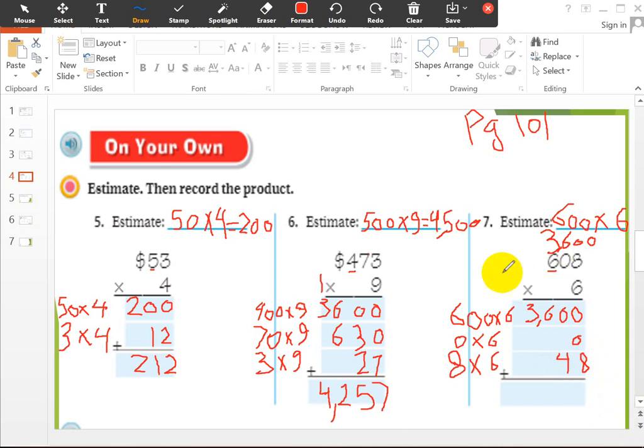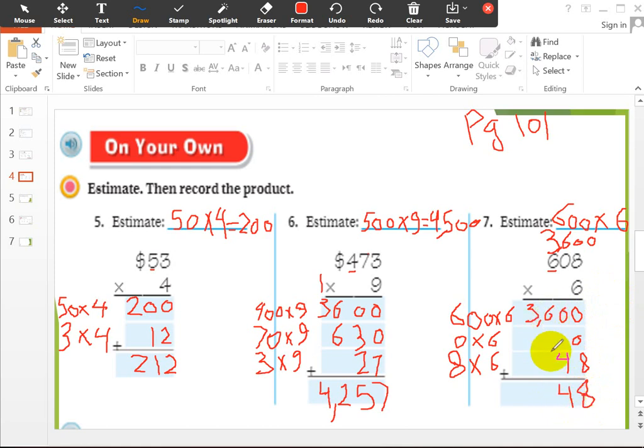Now, I will add all the numbers. Starting with the ones digit. Let's add, girls. 0 plus 0 equals 0. 0 plus 8 equals 8. Okay, this is the first digit. Now, there is no tens here. 0 plus 4 equals 4.